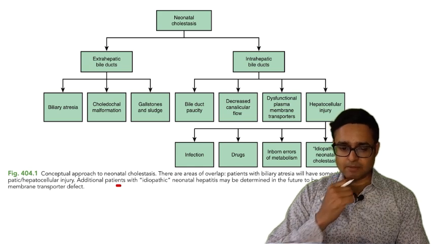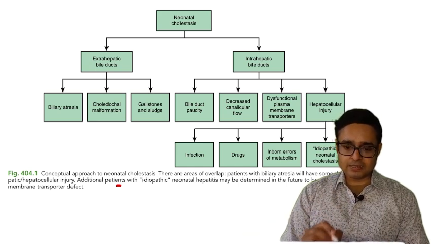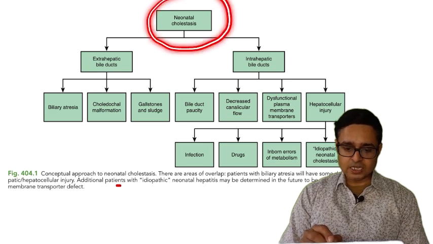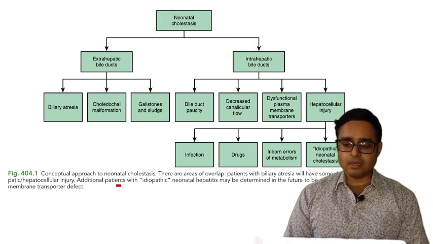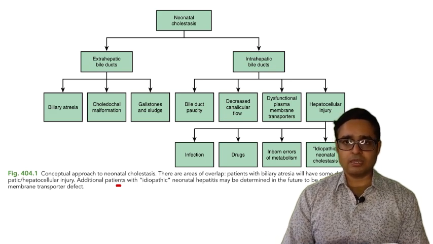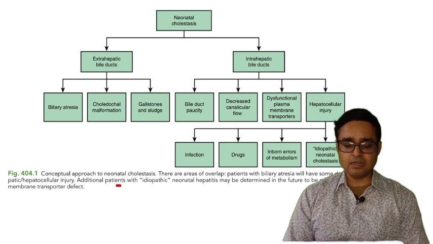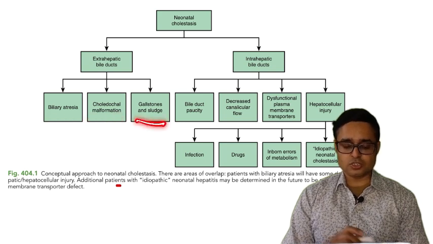This is a beautiful table from Nelson, which classifies neonatal cholestasis into extrahepatic or intrahepatic. Basically, either the problem is in the liver or in the bile ducts outside the liver. If it is outside the liver, then biliary atresia, choledochal malformation, and gallstones and sludge.